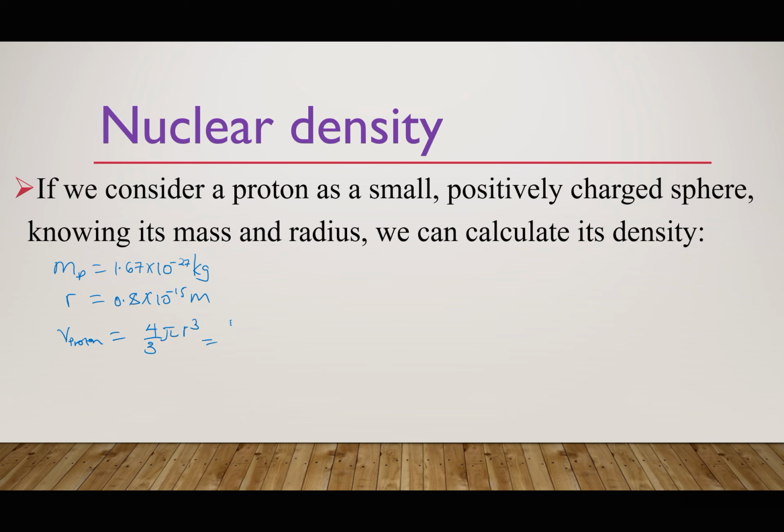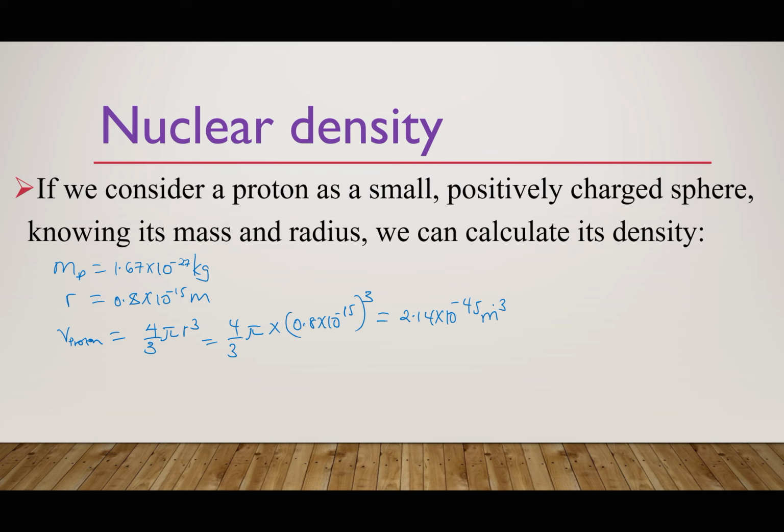Substituting, it will be 4 divided by 3 pi times the radius, which is 0.8 times 10 to the power of minus 15, cubed. From my calculator, the volume of a proton is approximately 2.14 times 10 to the power of minus 45 meters cubed.